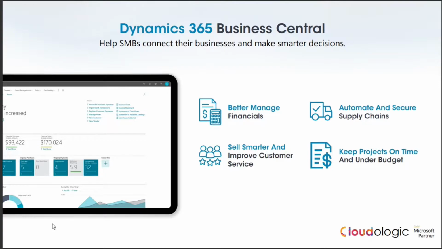Same as I said about the supply chain, it is secured, it is automated, it is completely based on the facts and the historical aggregates. So there is no chance of the decision that has been made being proved wrong. Sell smarter and improve customer service, like when you are taking care of your customers, or the steps that you're taking in terms of marketing and keeping your customers happy.